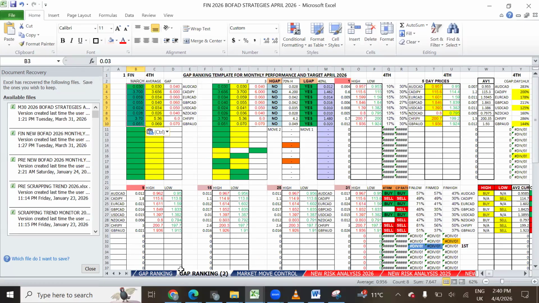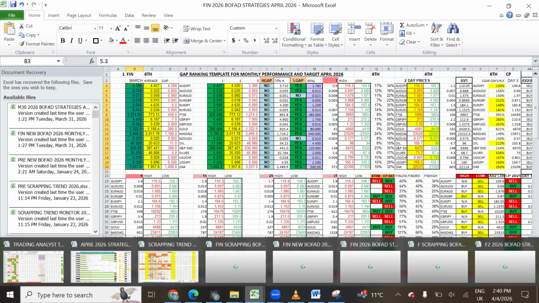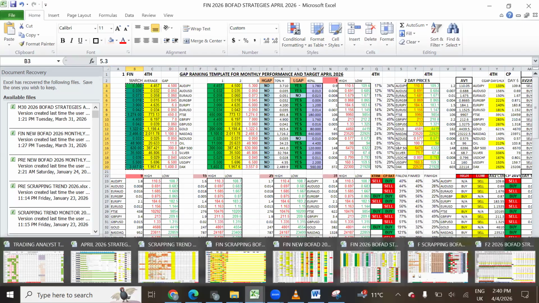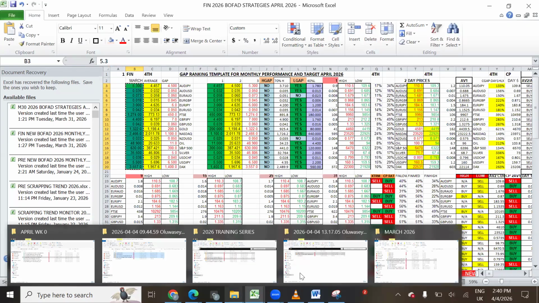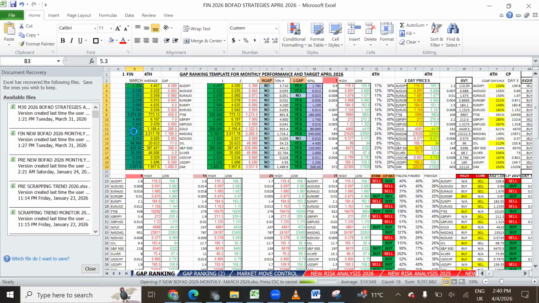So this is also because of getting the average. So in most cases, what we do is that we now have to copy this also to enable us get the average correctly. So we now have to go back to March. Okay. So March Bofad monthly, because that is where we get our average prices. So we need to copy.